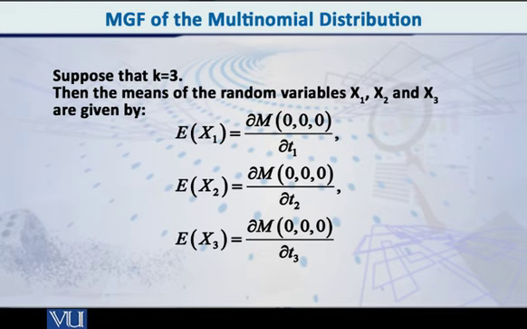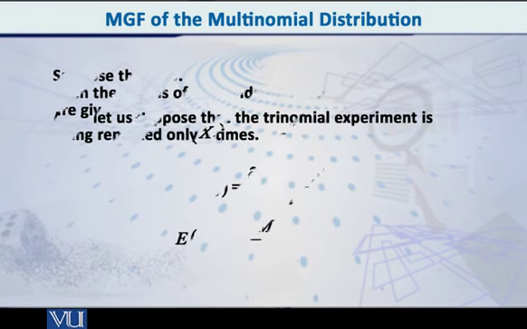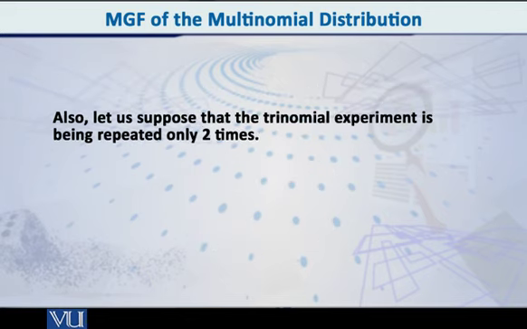Now I would like to show you that this is correct by considering n is equal to 2, because if I keep n larger, it will be a rather lengthy and complicated derivation. But if n is equal to 2, if our trinomial experiment is being repeated only 2 times, then what do we have?